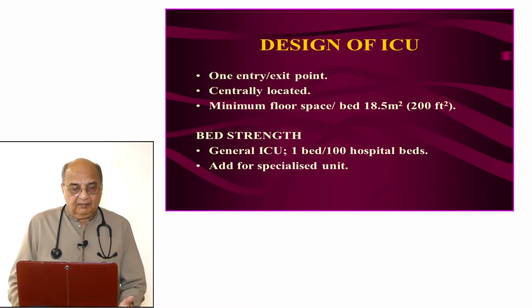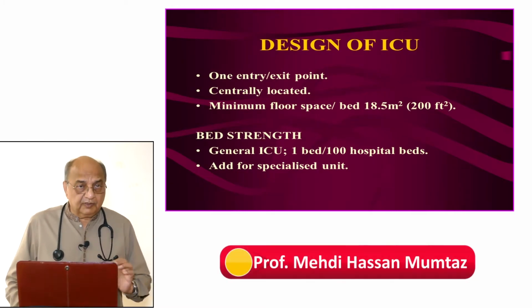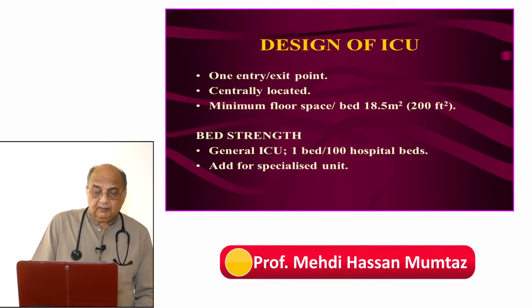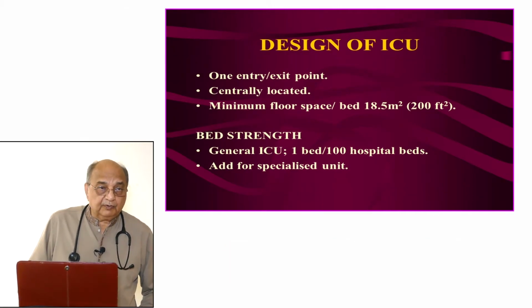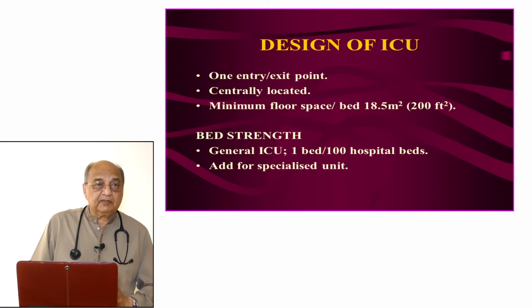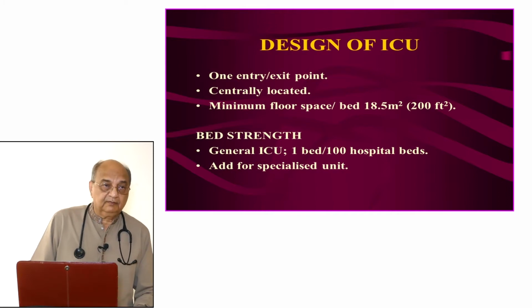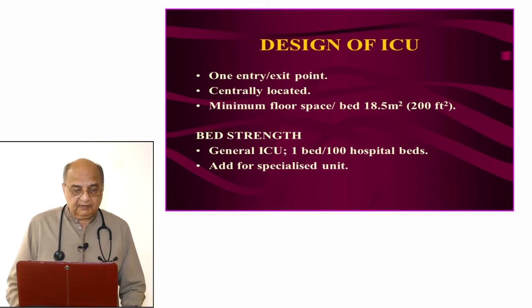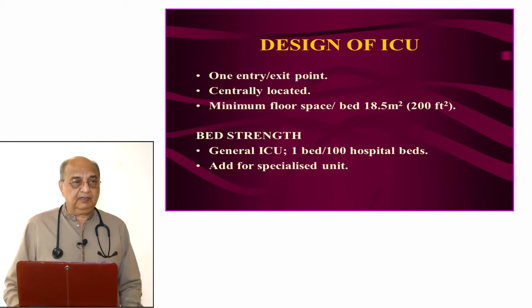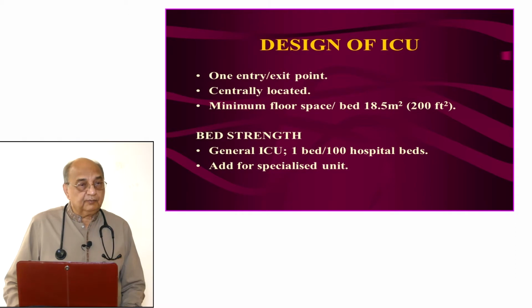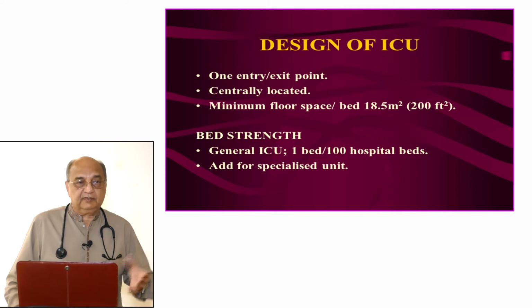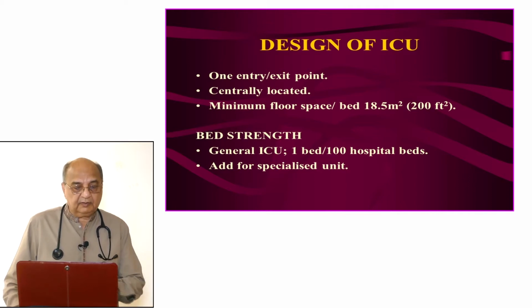Bed strength: a general principle is one intensive care bed per 100 beds of the hospital in general. But if there are specialized units like a cardiothoracic unit, then you need more beds, and according to the inflow to the different units, we increase the beds. So generally, this is the basic principle.